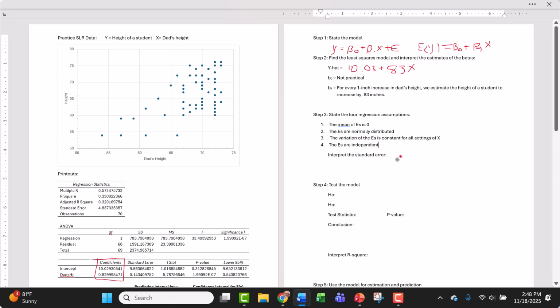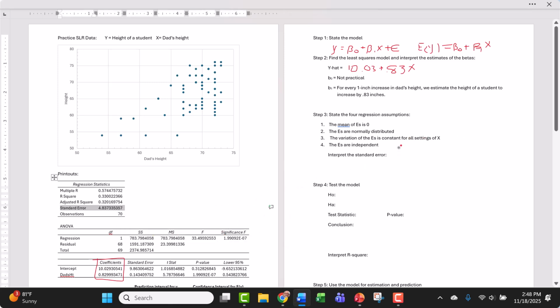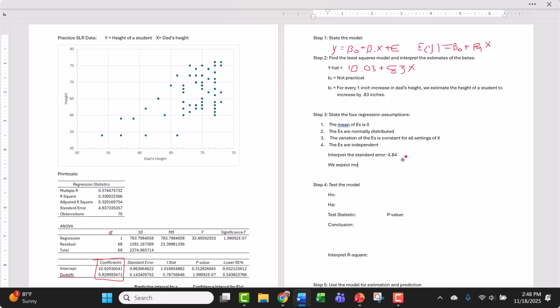Those are 4 regression assumptions, and then we want to interpret the standard deviation, and Excel calls it the standard error. Let me highlight it here. Standard error 4.84. So the standard error is 4.84. The way that we interpret a standard deviation, we expect most of the observed y values, or I'll say most of the sampled, observed would be another way of saying it.